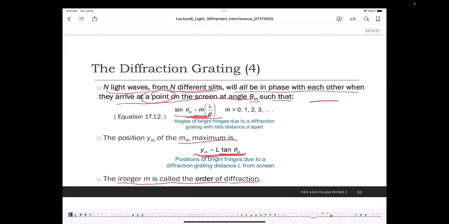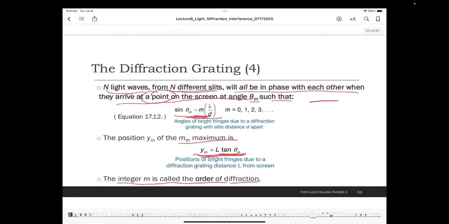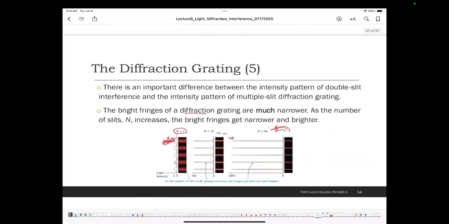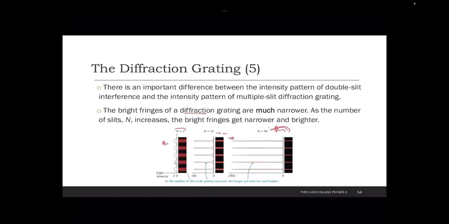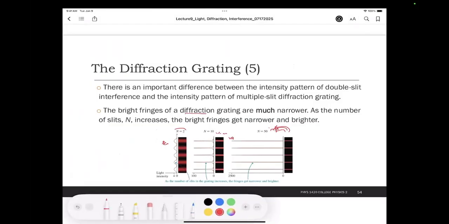Actually, the equation for the diffraction grating is similar to the double slit, but the different thing is, for the double slit, it is a uniform pattern, and the bright fringe is wide, but it's not that bright.